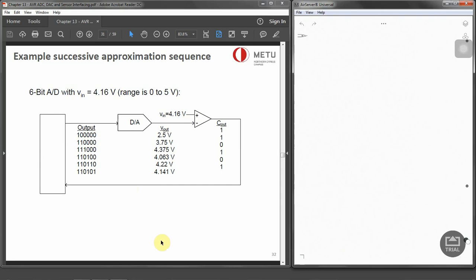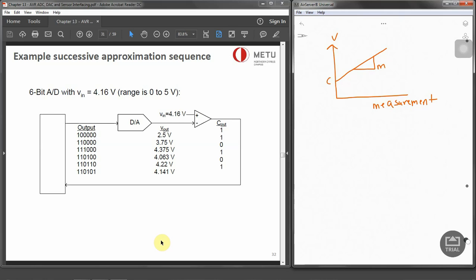Okay, so next thing that we need to consider is the linear sensors. Linear sensors means that there's a linear relationship between the measurement and the voltage. So we can draw this like this is our measurement and this is our voltage, and there's a linear relationship between these two.